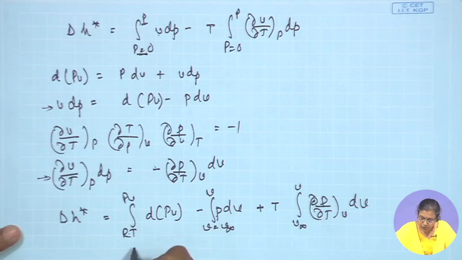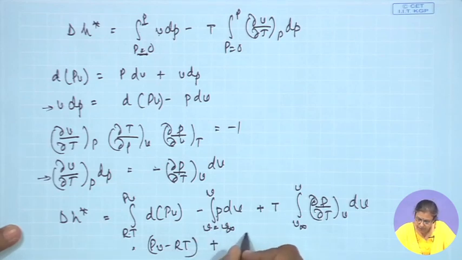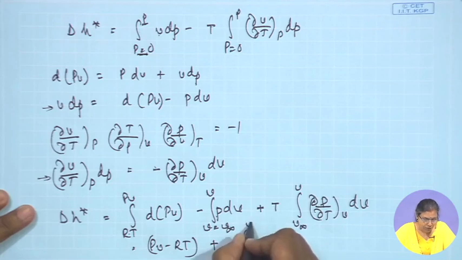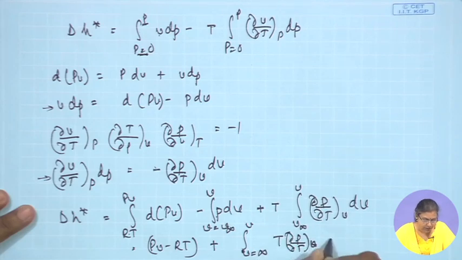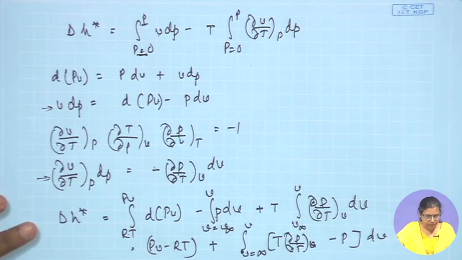So if you solve it, what do you get? It becomes PV minus RT plus the integral from V infinity to V of T (del P/del T) at constant V minus P dV.